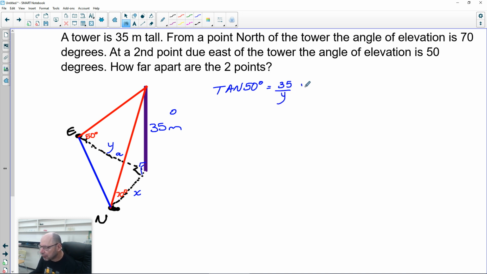Okay, so we're going to multiply by y both sides, and we get y times tan 50 degrees equals 35. Okay, so we're going to take that tan 50 out.